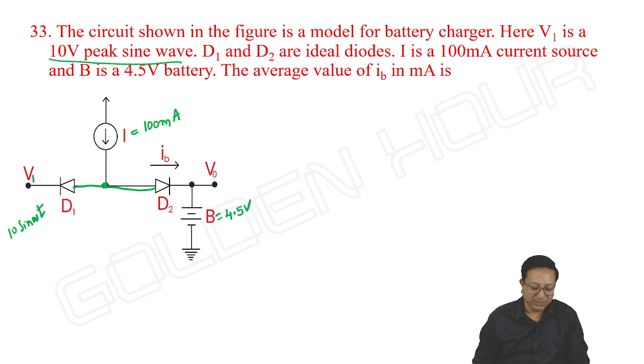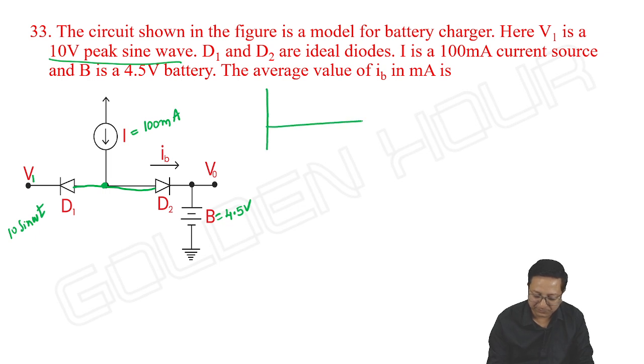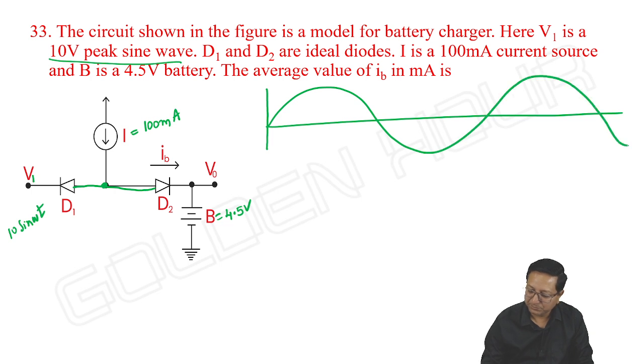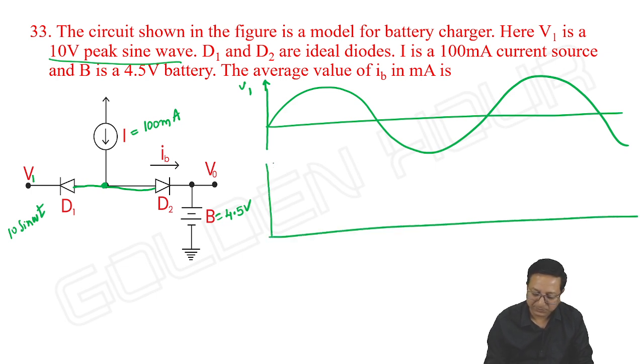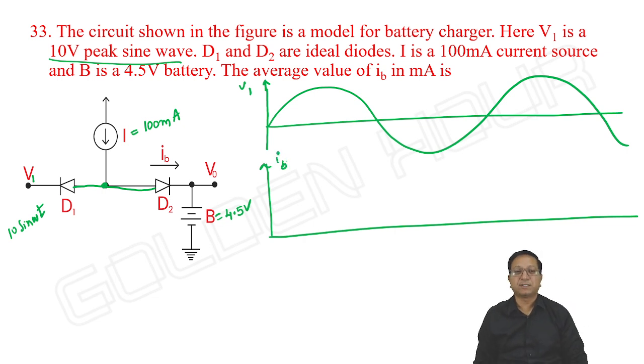As V1 is like a sine wave, I am writing IB, which is nothing but the current through the diode. How will it be?